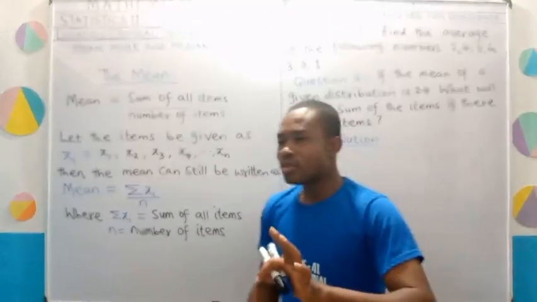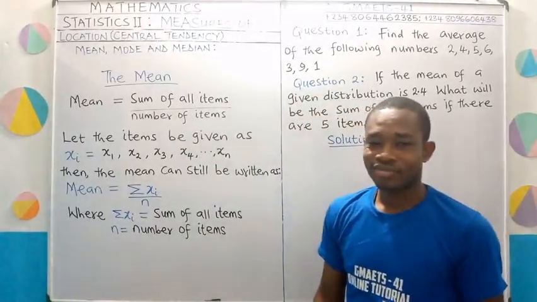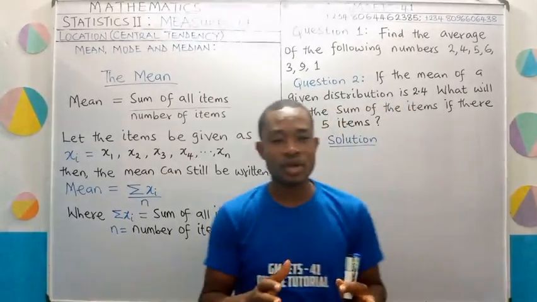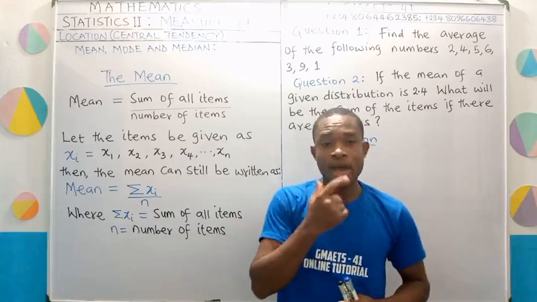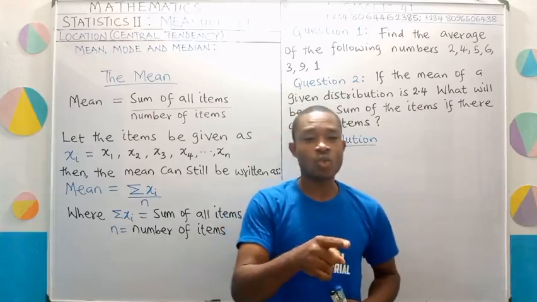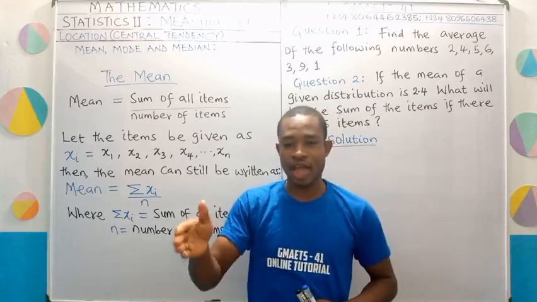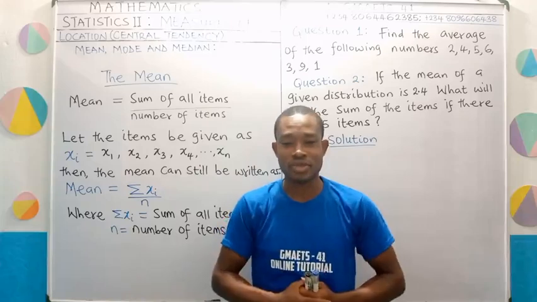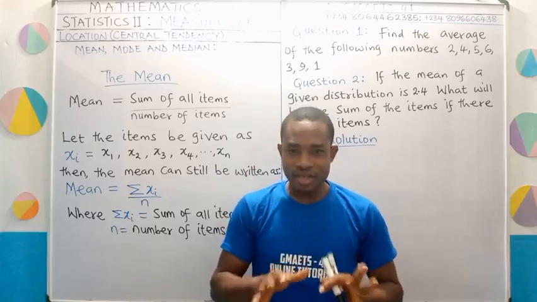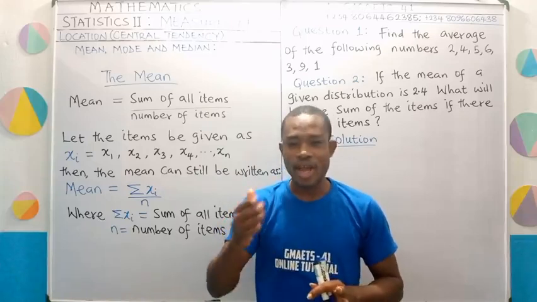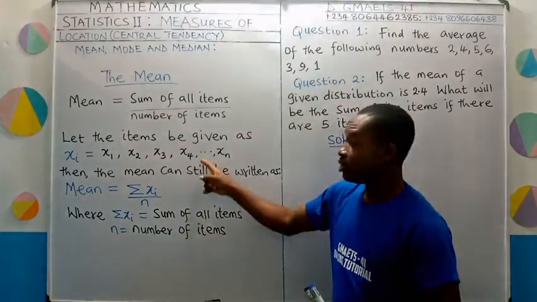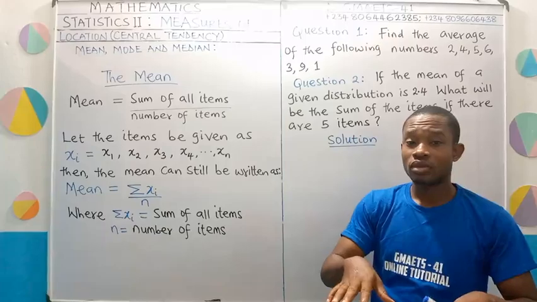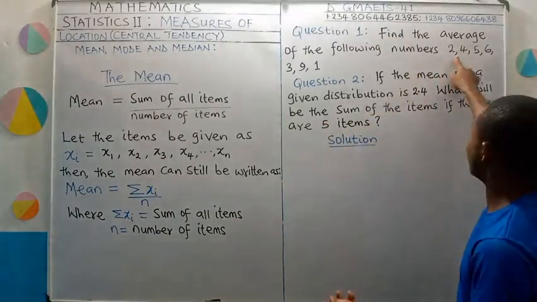Now, let us make an assumption that you give me some distribution. We're going to call the distribution x1, x2, x3, x4, x5, down to any number of items. So the x1, x2, x3, x4 represent numbers.